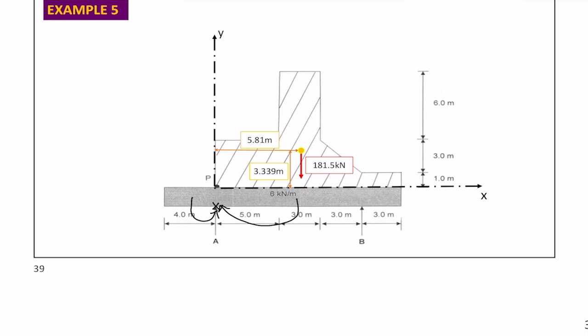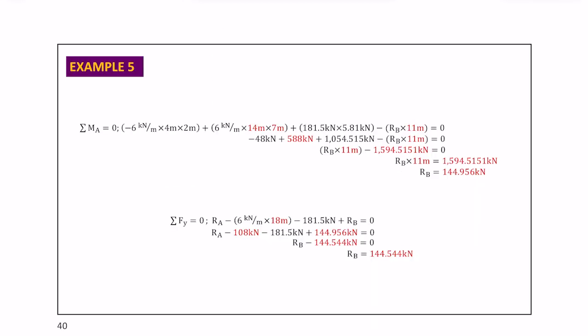Next, you have RB sendiri counterclockwise, and we have the wall load clockwise. Jadi kita akan ada 4 forces di sini. When I take moment at A, means that the total moment at A will be equal to 0, meaning equilibrium.